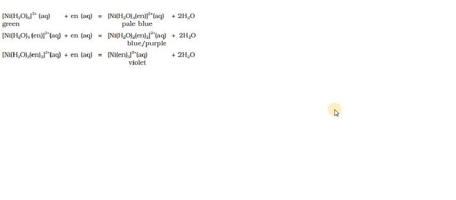However, from the assumption that the ligands are point charges, it follows that anionic ligands should exert the greatest splitting effect. The anionic ligands actually are not found at the low end of the spectrochemical series.